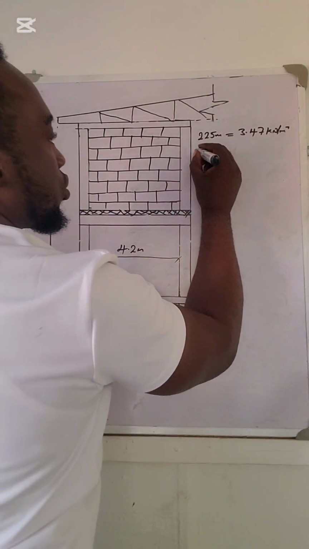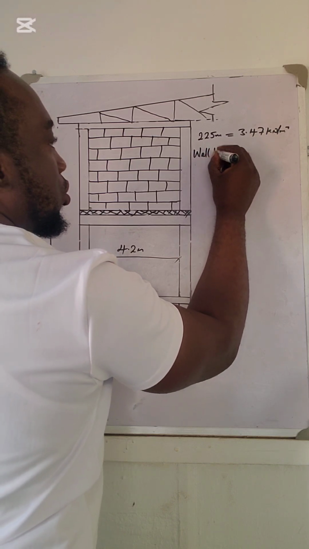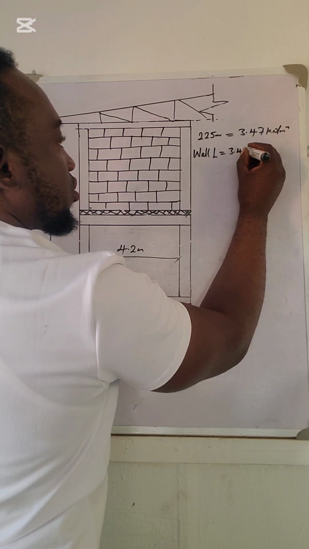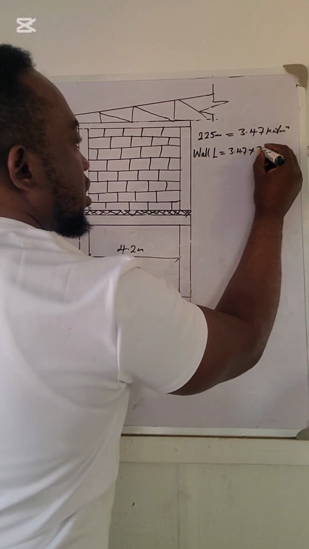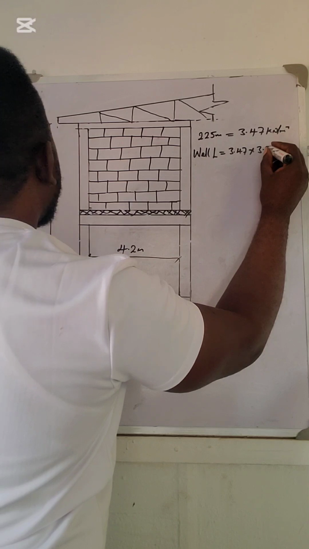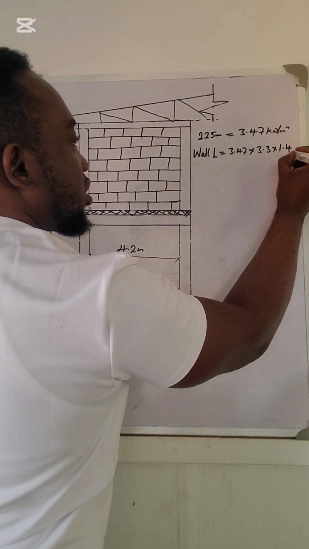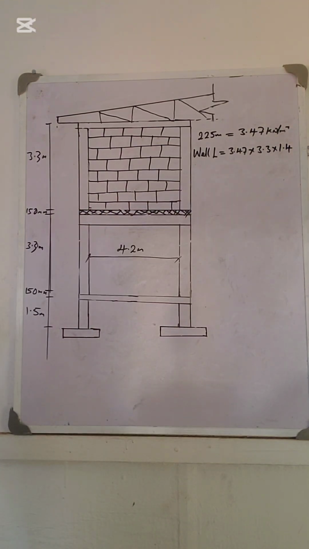If you want to get the wall load, you say wall load is equal to 3.47 multiplied by the height 3.3 multiplied by the factored load. It's a dead load, so 1.4.